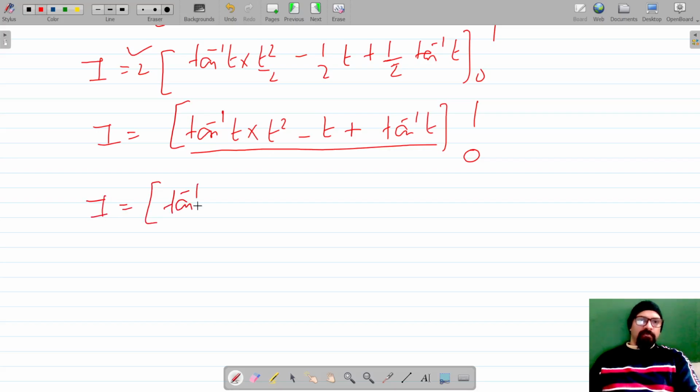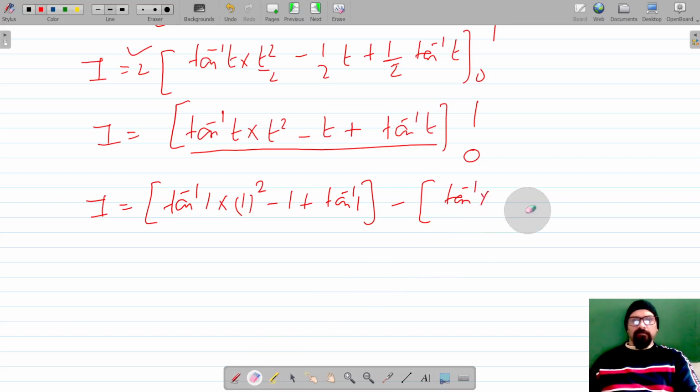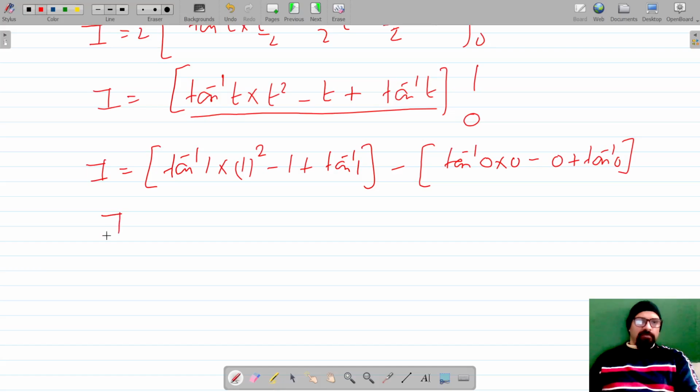So this is tan inverse 1 into 1 squared minus 1 plus tan inverse 1, minus tan inverse 0 into 0 minus 0 plus tan inverse 0. That should give us the final answer.